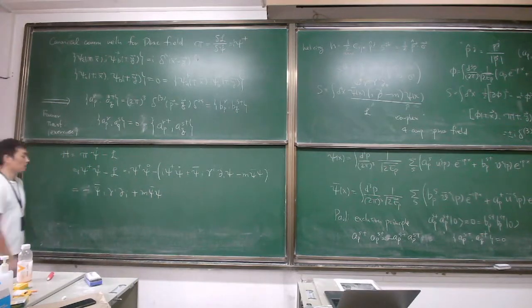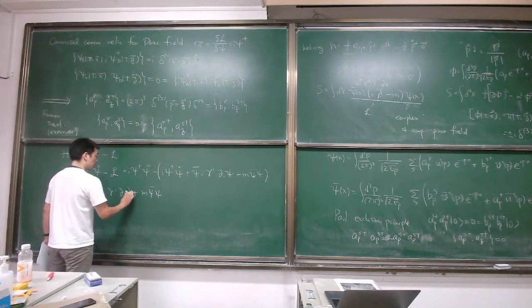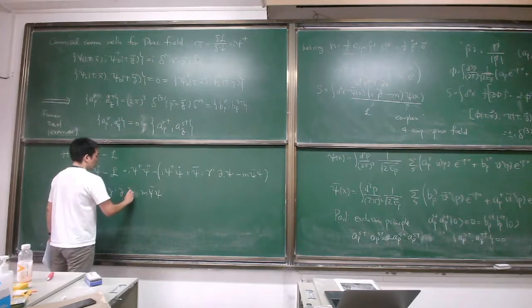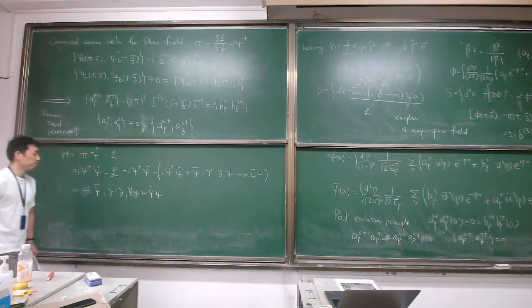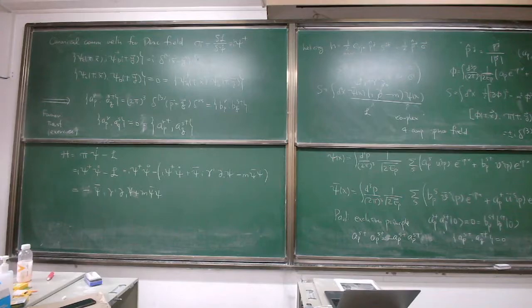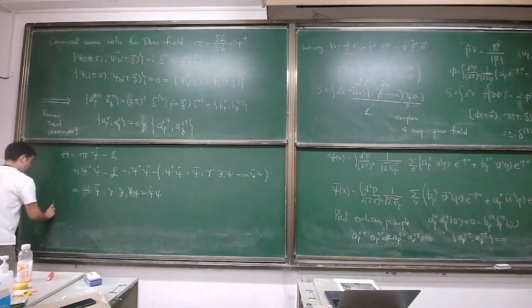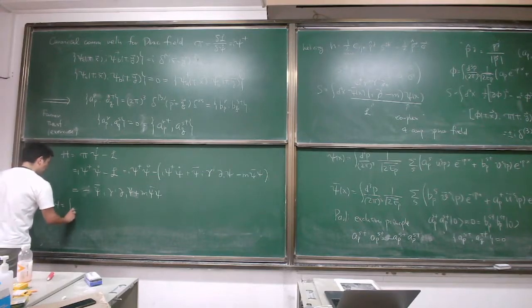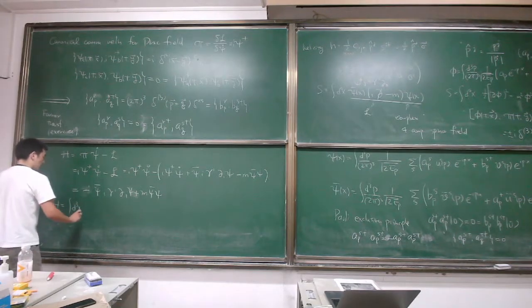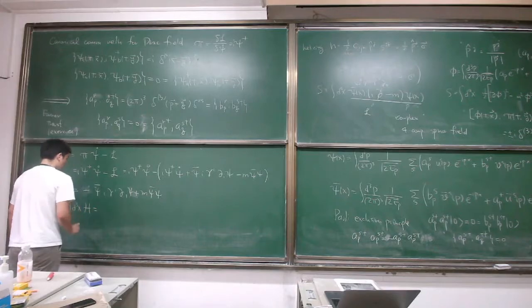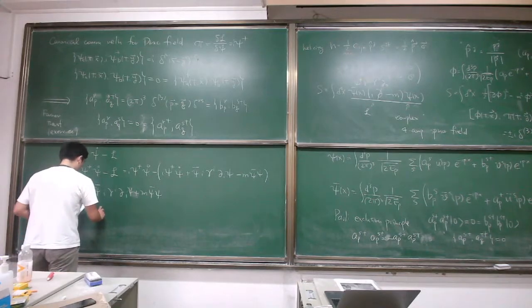I need to put psi here. So this is the Hamiltonian density, and the Hamiltonian can be obtained by just the spatial integral of this Hamiltonian density.